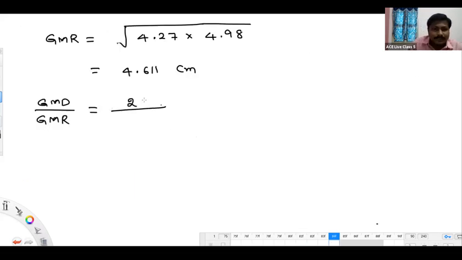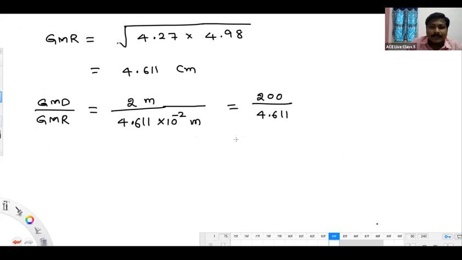Numerator we have 2 meters, denominator 4.611 centimeters, which you also have to keep in meters so that units will cancel out. 4.611 centi means 10 power minus 2 meters. So it will be 200 by 4.611, which is 43.37. The GMD to GMR ratio is 43.37.